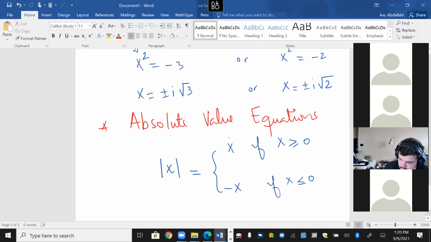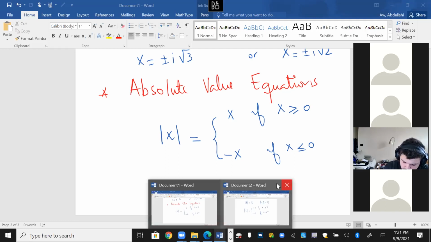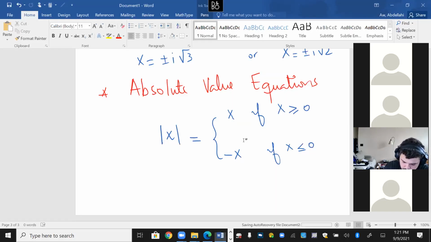Right. So can you give me another definition of absolute value using the word distance? Absolute value is how far a number is away from 0, right?